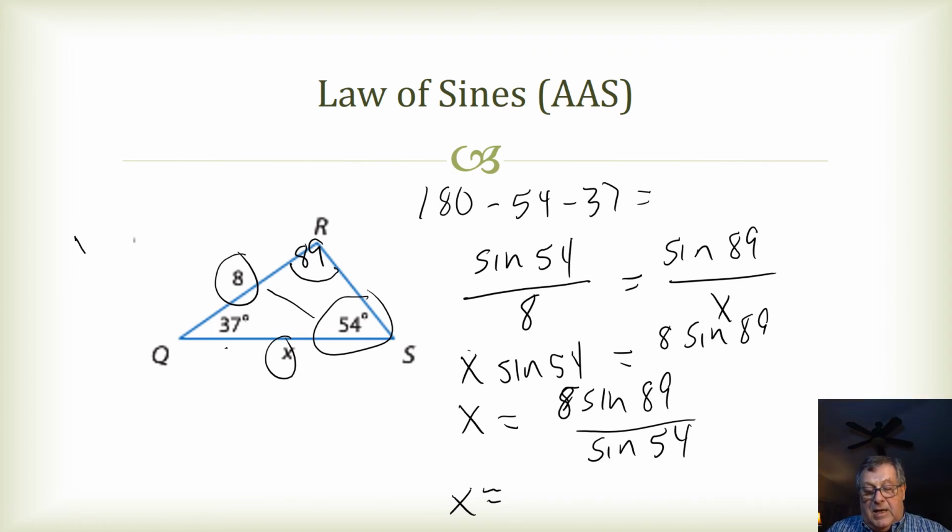All right, 8 times the sine of 89, and let's divide that by the sine of 54. 9.88704. We're going to round that to the nearest tenth, and it's approximately equal to 9.9.